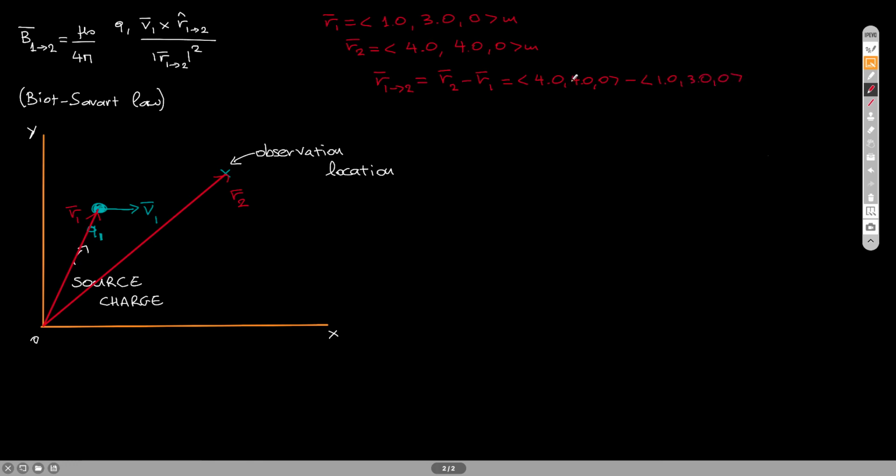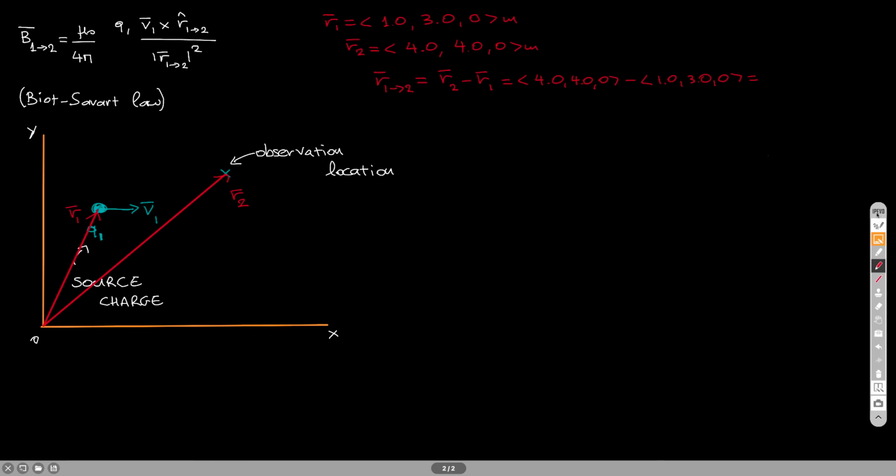As usual, when I subtract vectors, I will subtract each component separately. So I will do 4 minus 1, and then 4 minus 3, and then 0 minus 0. And this will give me 3 and 1 and 0.